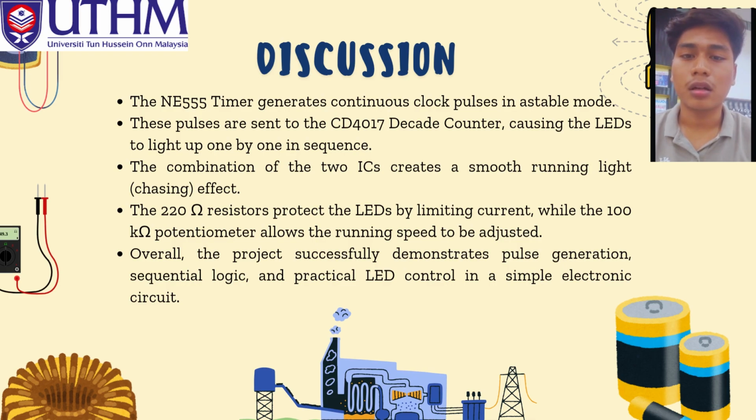Next, the 220 ohm resistors protect the LEDs by limiting current, and the 100K potentiometer allows the running speed to be adjusted. Lastly, overall, the project successfully demonstrates pulse generation, square-wave logic and practical LED control in a simple electronic circuit.